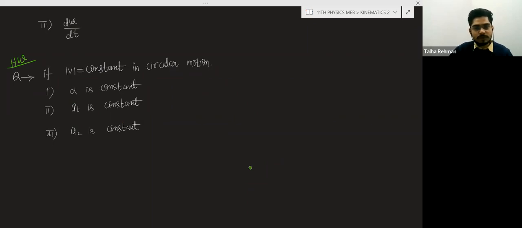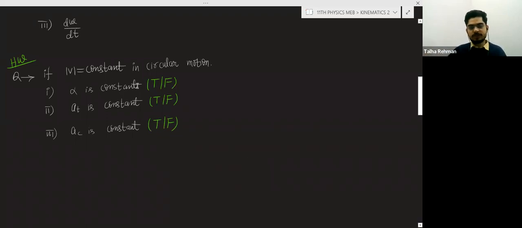This statement is true or false, and you have to write the reason also. Anyone can tell whether it will be true? There is a 50% probability of solving one question. So you have to write the reason also, why this is true, why this is false.